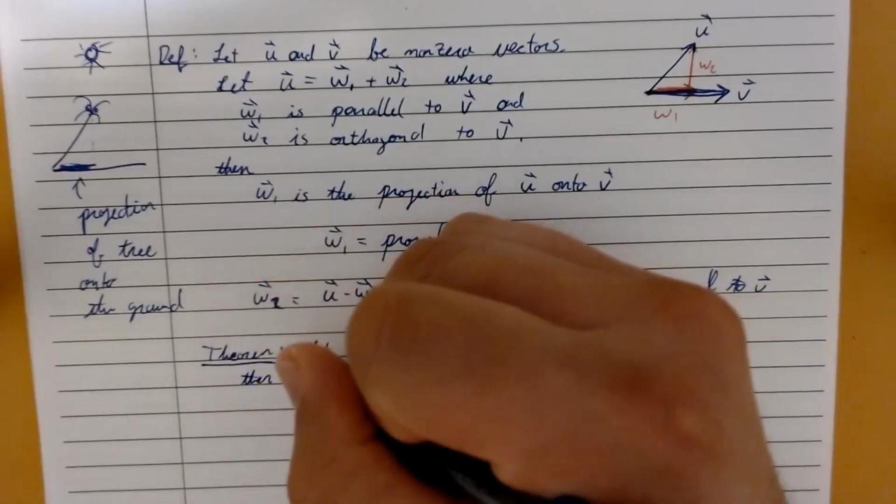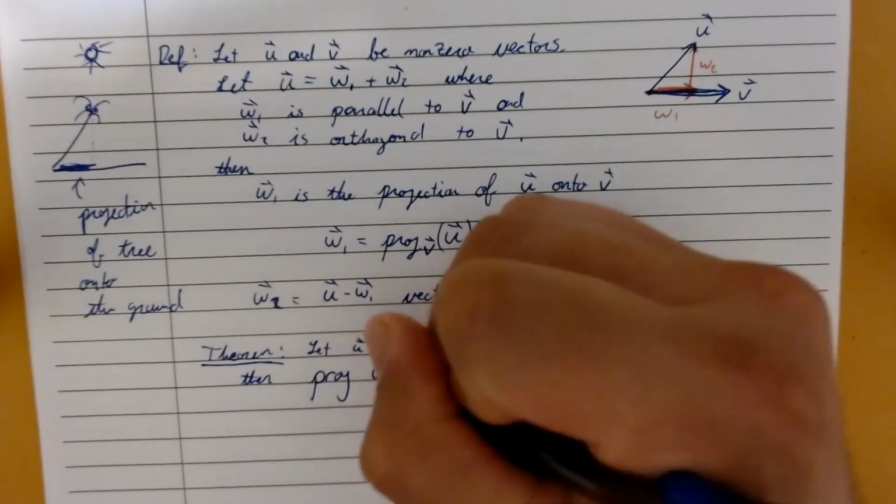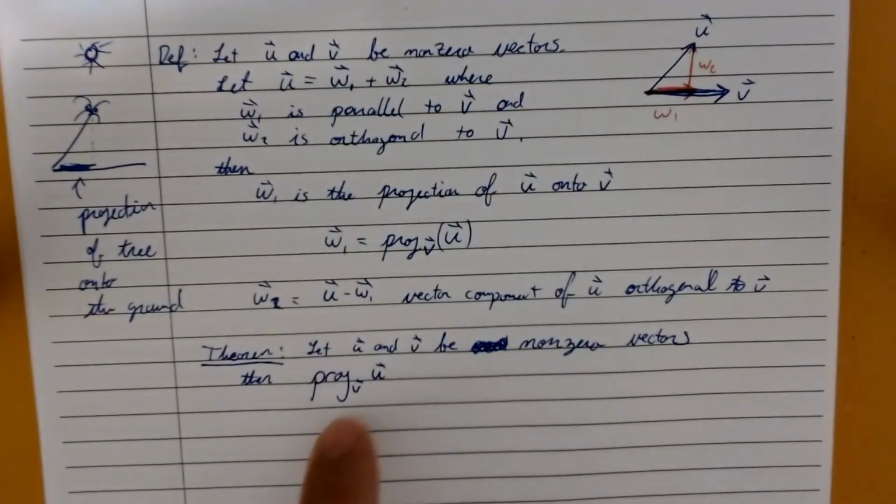Then the projection of U onto V, remember the notation, U is the one you're projecting, V is the one you're projecting onto. U is your tree, V is your ground.